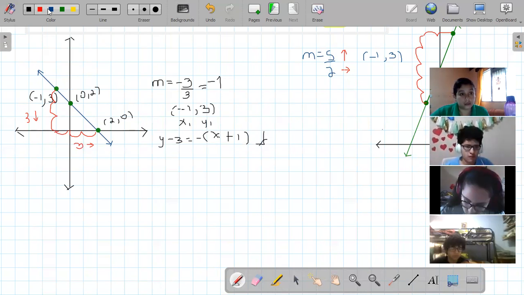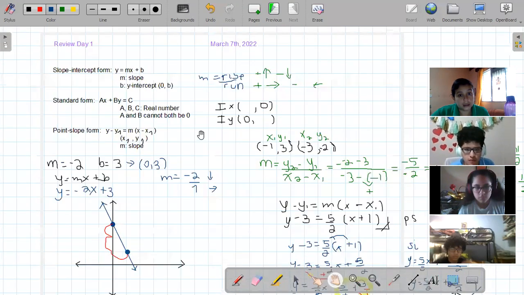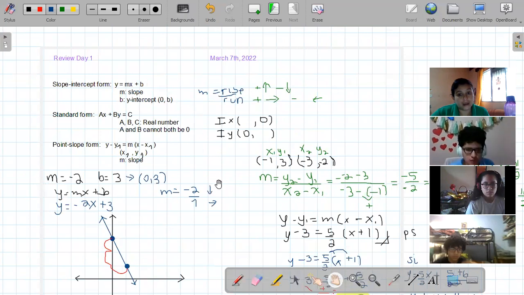And this is your equation. This is one equation that you could have. The other equation is if we use this point, okay? This one and this one, let's say. So you go and see 1, 2 down, and 1, 2 to the right. So the slope in this case is going to be -2 over 2. It's still -1. And I'm going to use this point, (0, 2). And as you remember, I write the intercept, the (0, b).